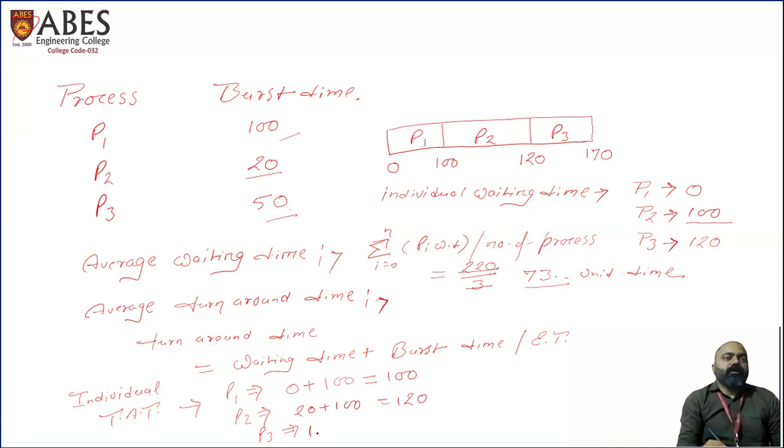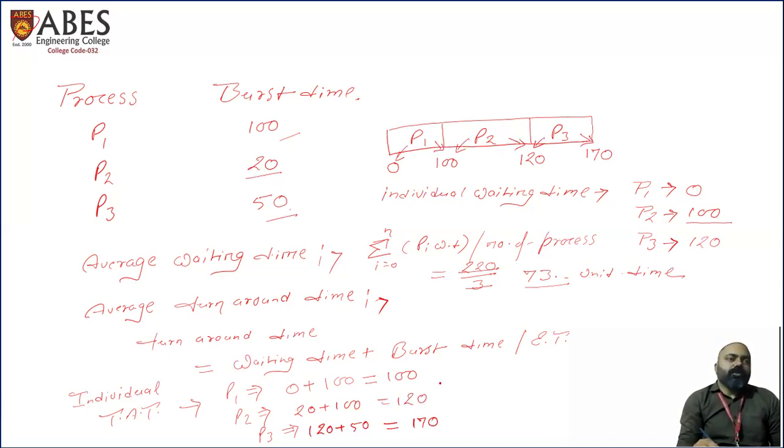So this will be 170. We can see this also from the Gantt chart. This is the waiting time: P1 0, P2 100, and P3 120. And this is the turnaround time: P1 100, P2 120, and P3 170.